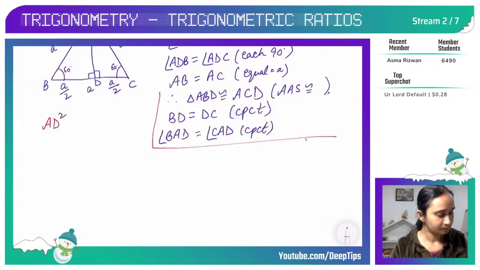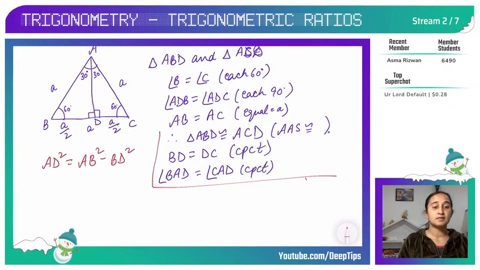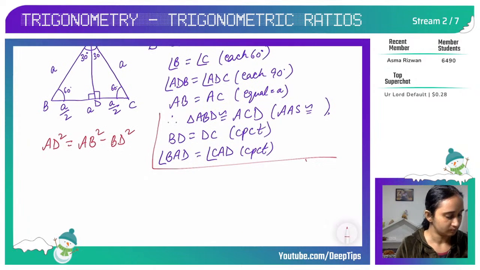AD square is equal to AB square minus BD square, as I can clearly see that the side opposite to 90 degrees is my hypotenuse. So here if I am taking 60 degrees, then AD is my perpendicular. So AD square equals AB square minus BD square.